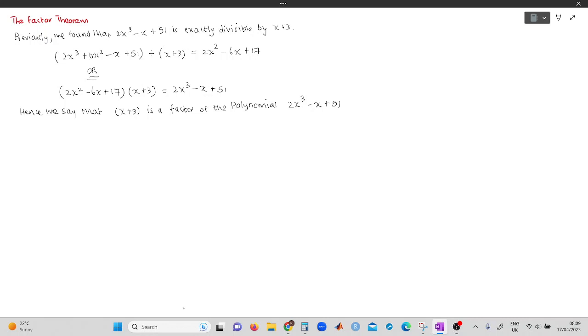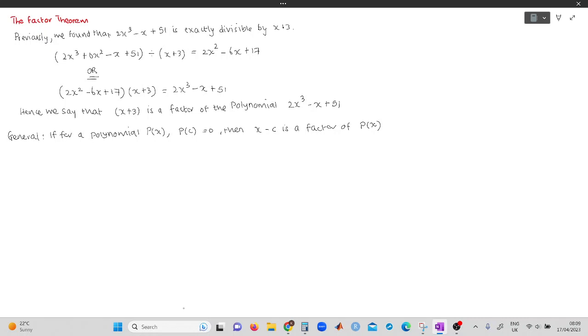Donc, si nous pour mettre in terms of polynomial même, in terms of general condition, if for a polynomial, n'importe quel polynomial, p of x, if you have p of c equals to 0, so when you're dividing it, it is equal to 0, then x minus c is a factor of p of x.